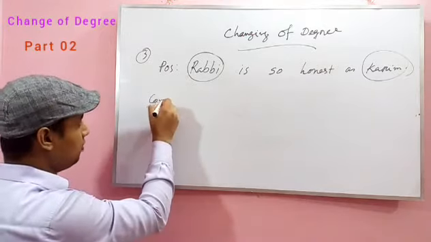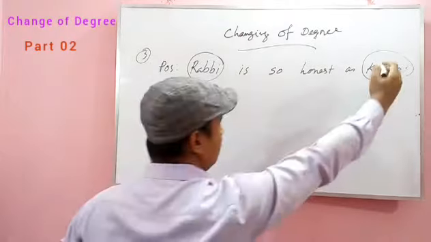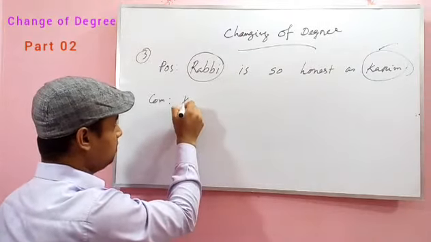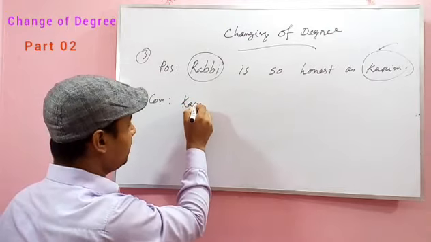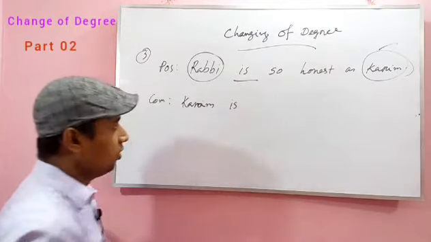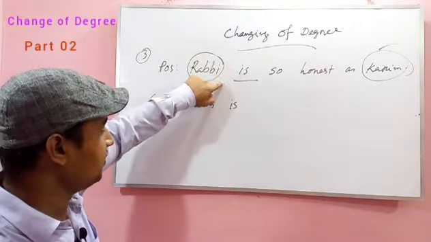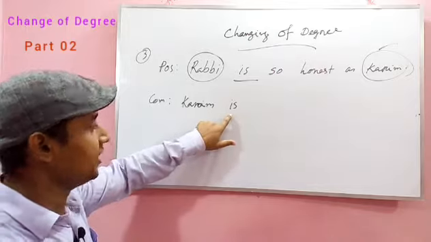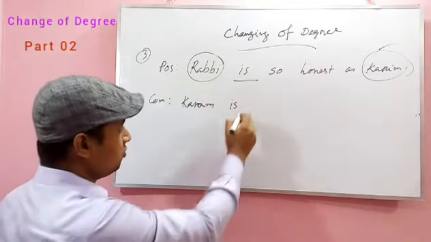So for the comparative form, this last noun goes to the first position, Karim, then the verb. When it is in affirmative form, it turns into negative form: is turns into isn't or is not.